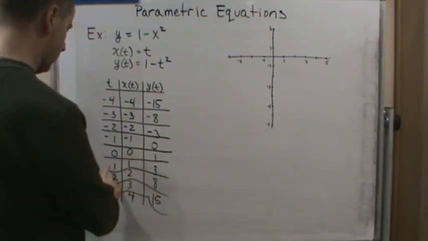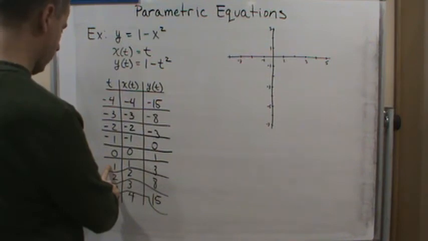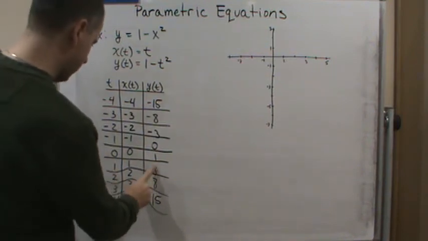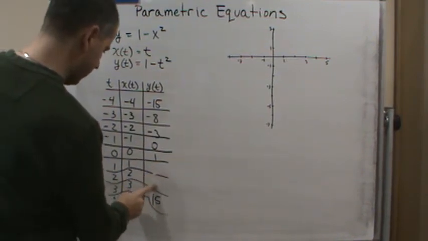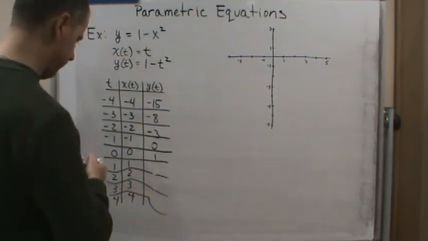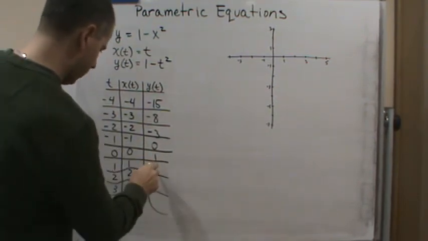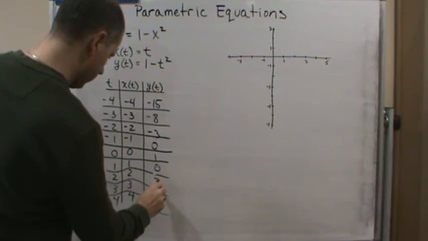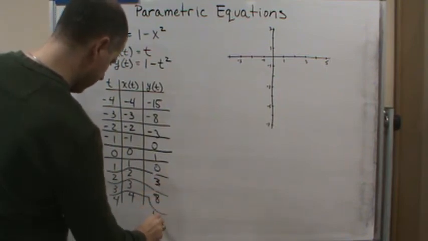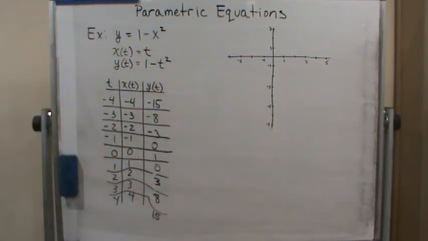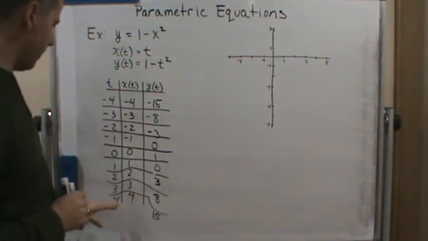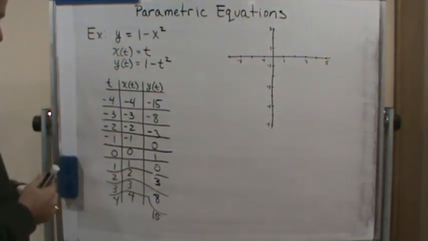So 0, 1, 1. Oh, 0, I'm sorry. These are off by 1. So 0, 3, 8, and 15. There we go. Okay, so now I'm going to plot my graph.